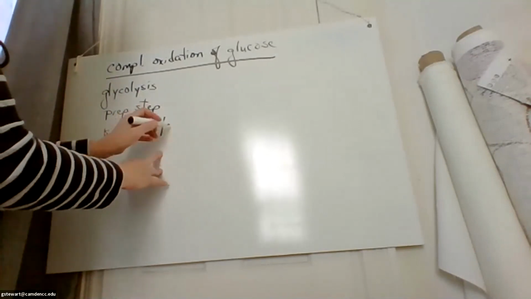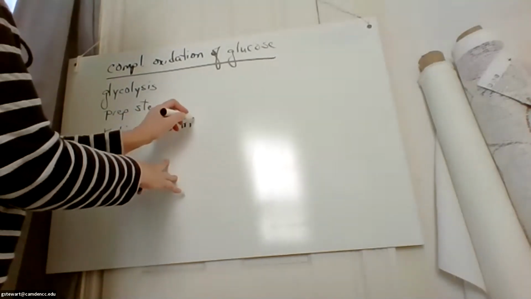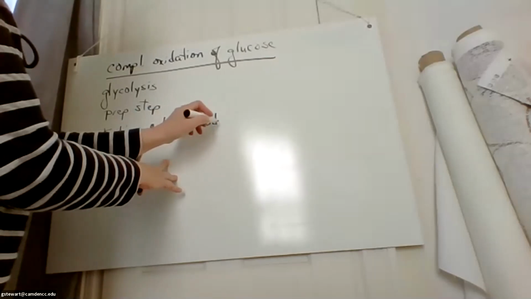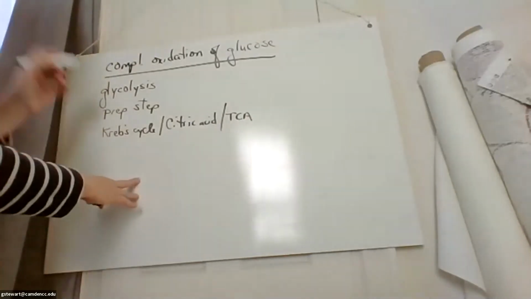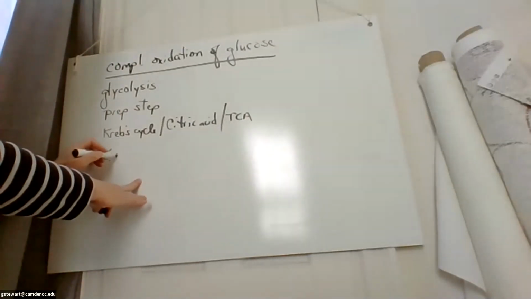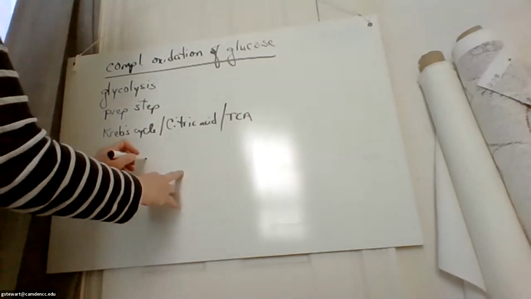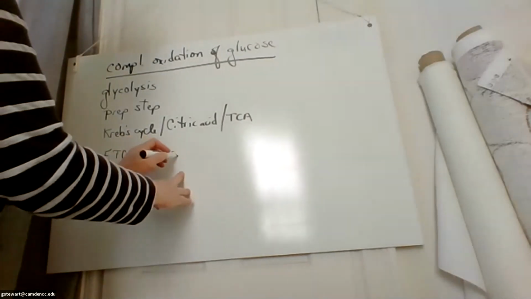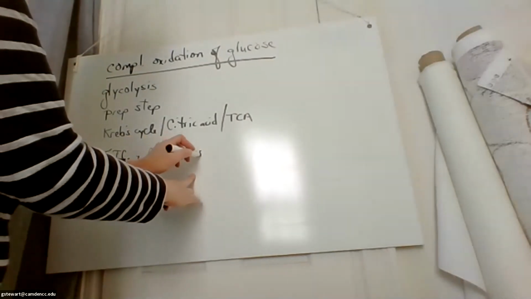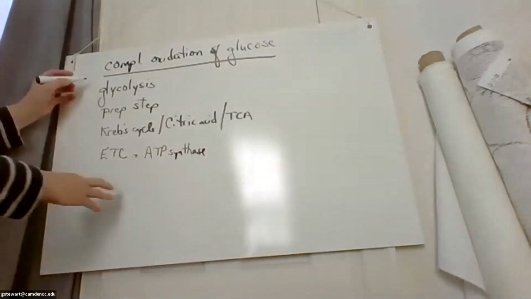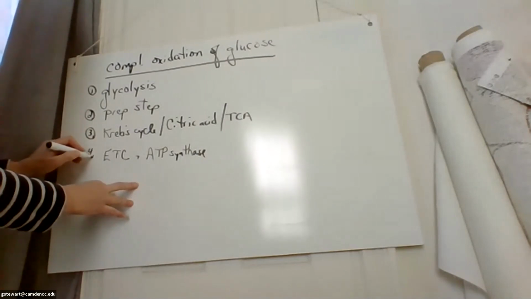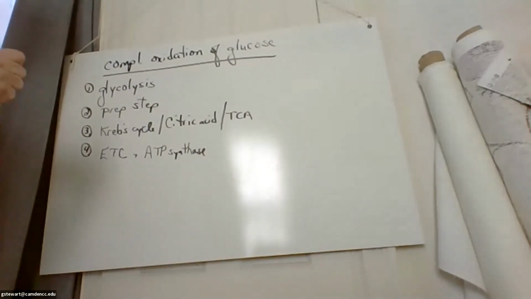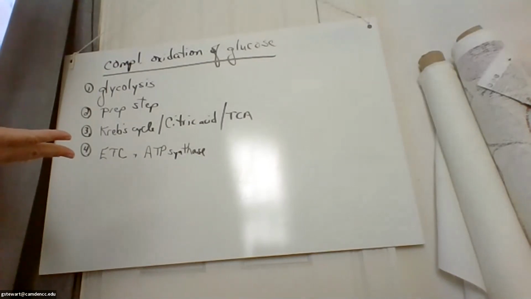You may have learned that as the citric acid cycle, or as the TCA cycle. And then the last portion, the electron transport chain plus ATP synthase. Those are the 4 steps that you have to know the starting and ending molecule for each one, and you have to keep track of those molecules I listed and where they happen inside the cell.